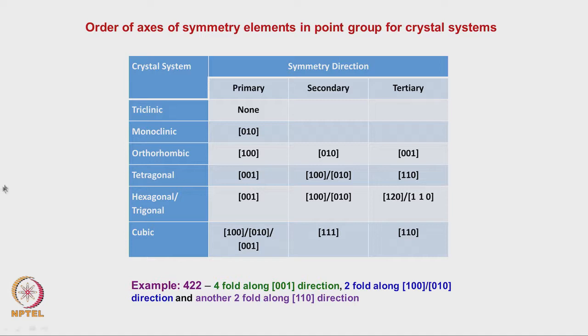If you take orthorhombic, all the 3 symbols 2, 2, 2 represent symmetry elements along all the 3 axes.